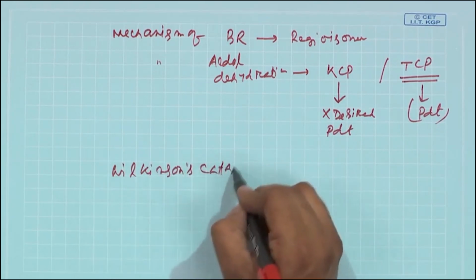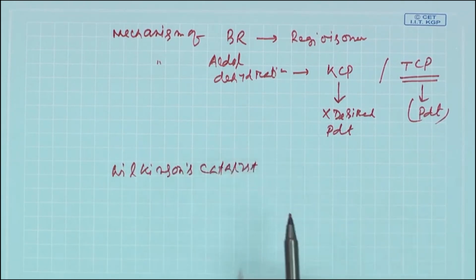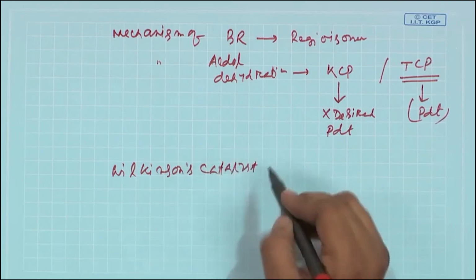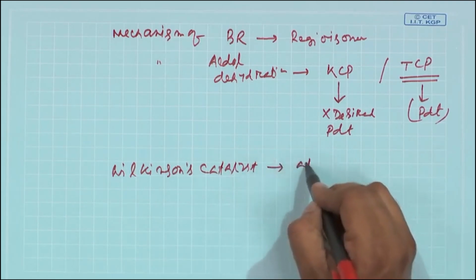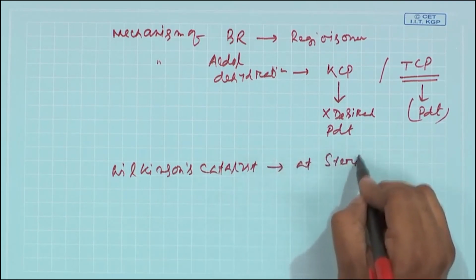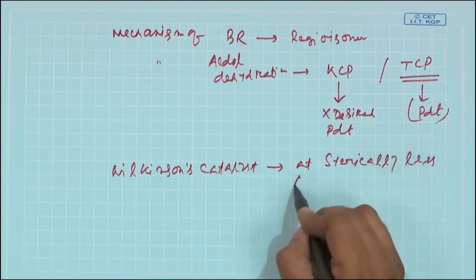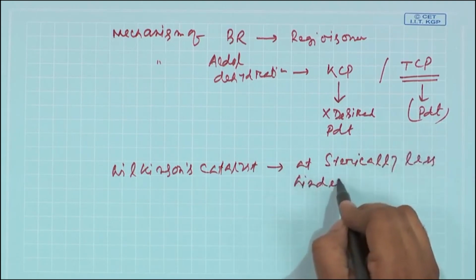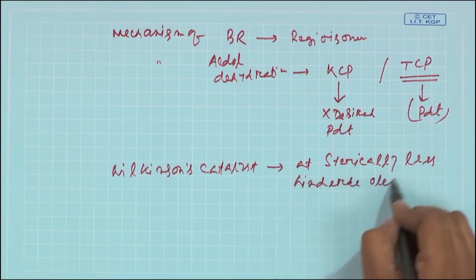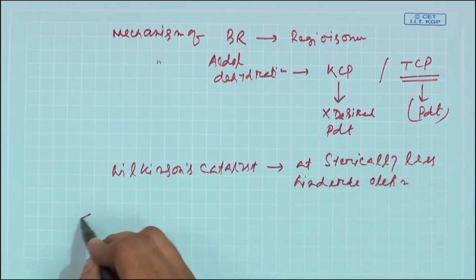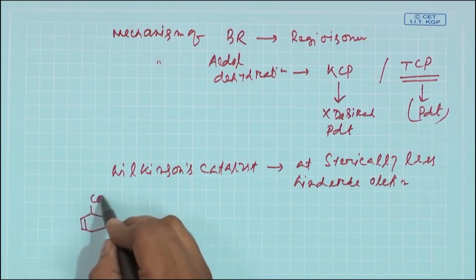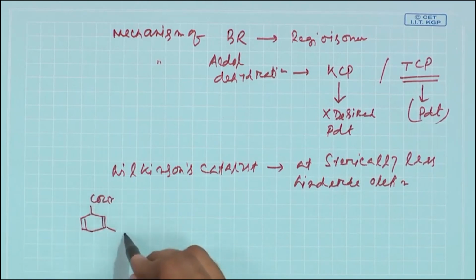which is a sterically bulky catalyst and will undergo hydrogenation at the sterically less hindered olefin. Let us say for this particular case, you have CO2 here, methyl here.